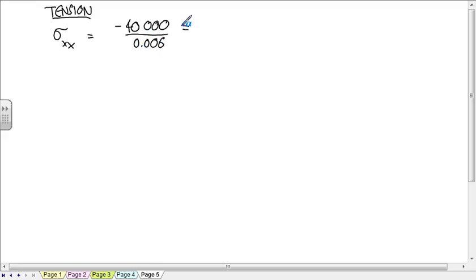This should be the total area. Sorry about that. We're dividing that tension force by the total area of the cross section. So this is 0.012. And you get a value of negative 3.33 times 10 to the 6th pascals.